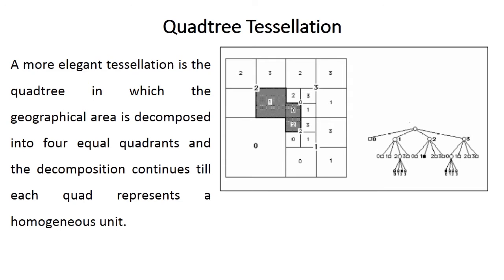The storage requirement of a quadtree is much lower than that of the raster, having the resolution of the smallest quad element. The tessellation into quads results in a tree in which each node is represented by 4 subnodes, and thus the name quadtree is given.